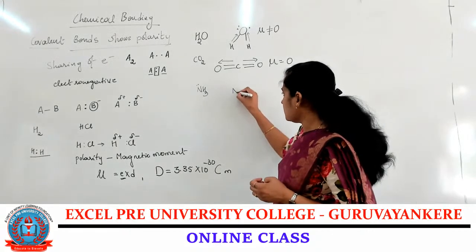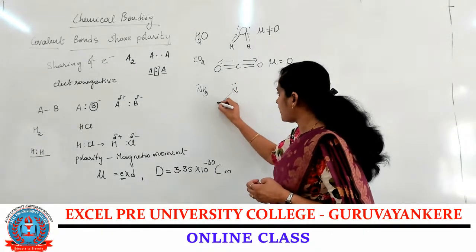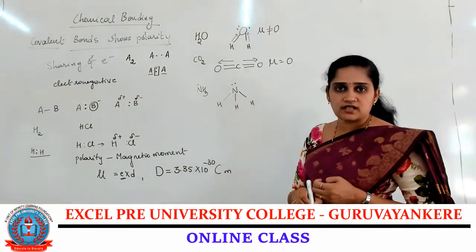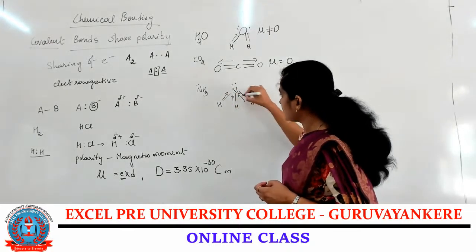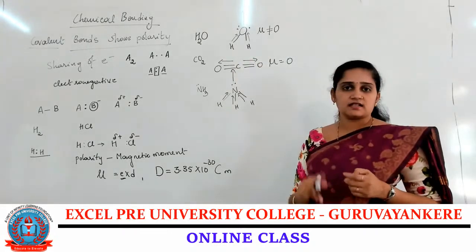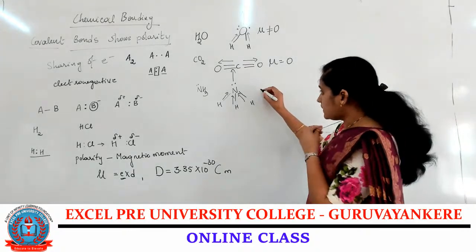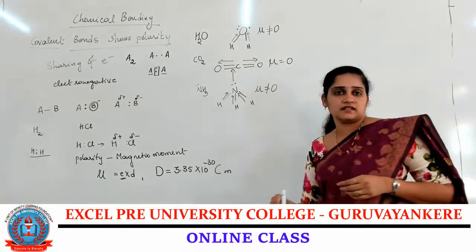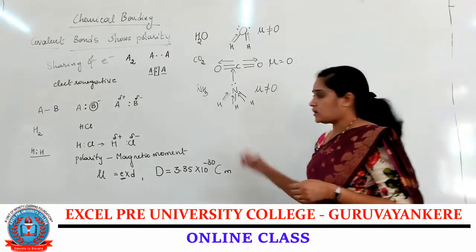In ammonia, there is a lone pair of electrons on the nitrogen atom, and the hydrogens are arranged like this. Nitrogen is the electronegative element, it pulls the electrons towards itself, and the net dipole moment is in the upward direction. So the dipole moment of ammonia is not equal to 0.